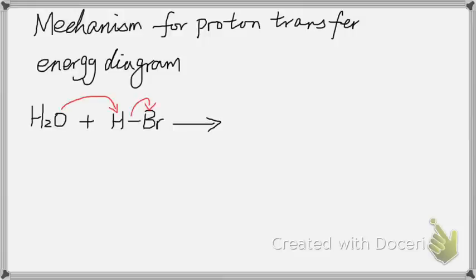So what happens is the water serves as the base to grab the proton, and HBr bond breaks and Br leaves. Alright, so the product is the hydronium ion and the bromide ion.